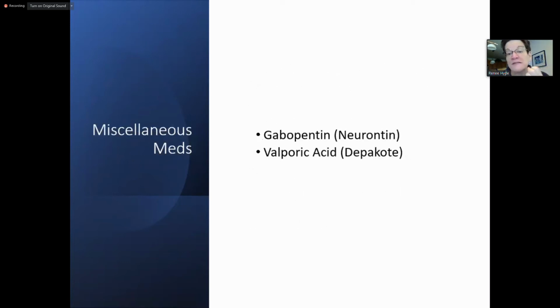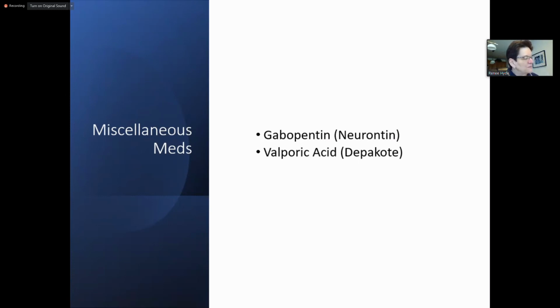Now, some of the miscellaneous medications: gabapentin or valproic acid. These are anticonvulsants, but you probably recognize gabapentin from taking care of your patients with peripheral neuropathy, because that is one of the things that we use it for.